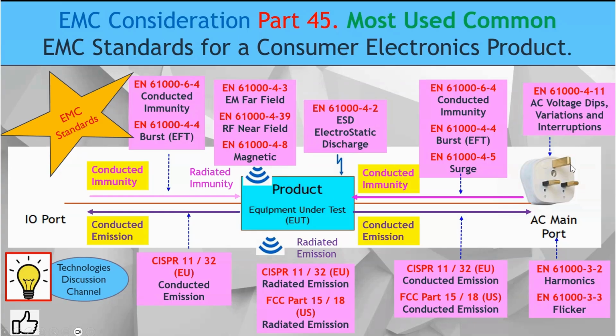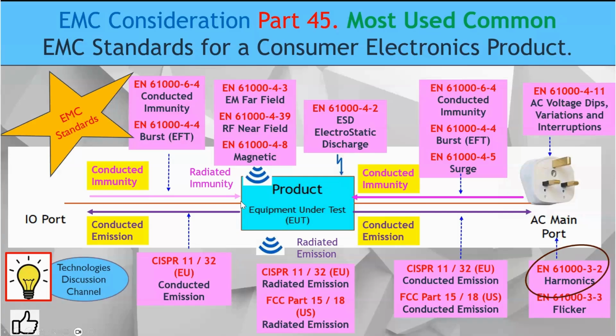Earlier, in the previous video, I described EN 61000-4-11, which is the AC voltage dips, variation, and interrupts. Like I mentioned, in this video, I will concentrate on 61000-3-2, which is harmonics. From here, you can see that these two tests, which I described earlier, are executed under the AC mains.